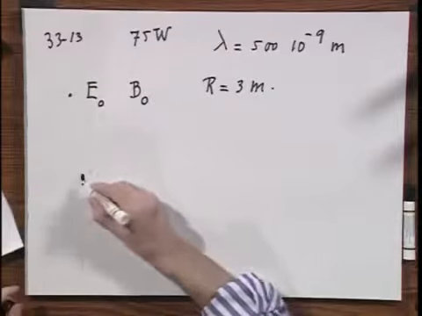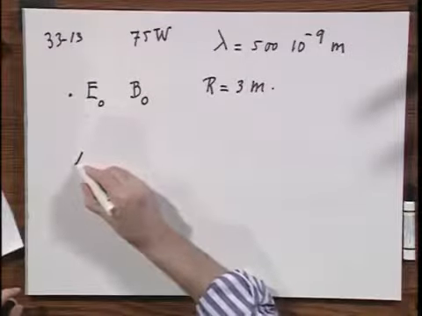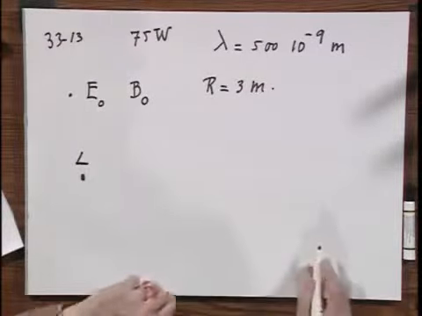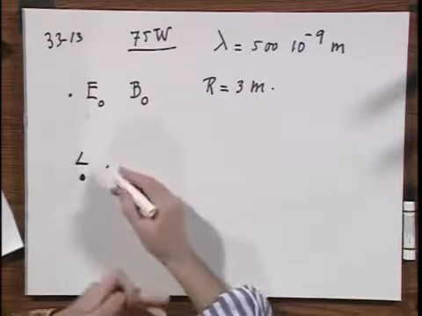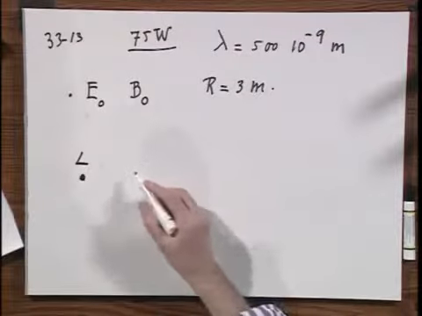I pretend that it can be represented by a plane electromagnetic wave described in the way we just did, with a uniquely defined E vector and B vector, except that now it doesn't go in one direction, but it goes out spherically. And when I do that, I have this source which has a certain energy per second, 75 watts. I call that the luminosity, because I'm an astronomer and astronomers call that luminosity.